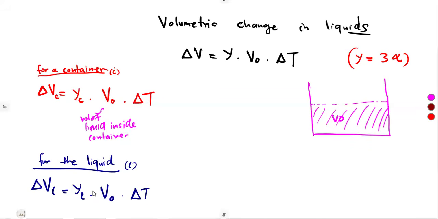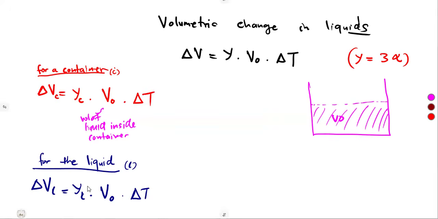So if we have the part of the liquid on its own, there's an expansion of the container, and there's an expansion of the liquid. That is where we bring the concept I was talking about: when the overflow happens, it is because the expansion of the liquid is greater than what happened to the container.